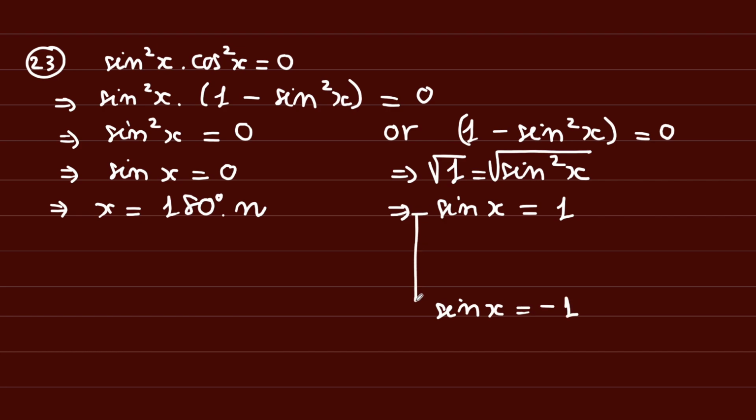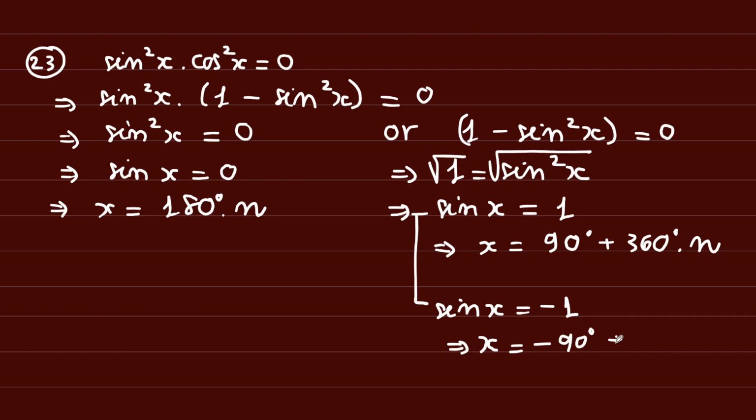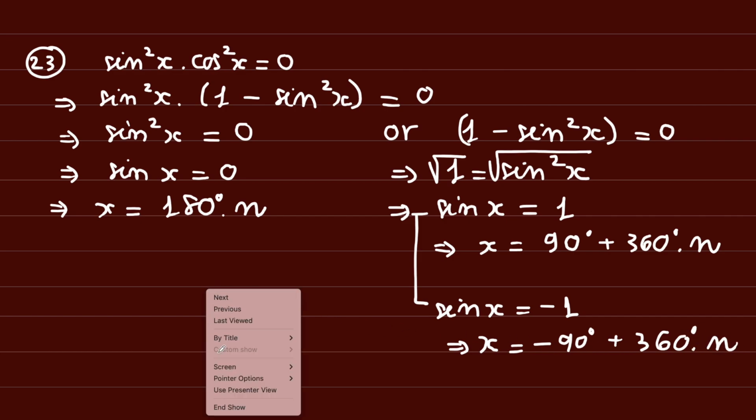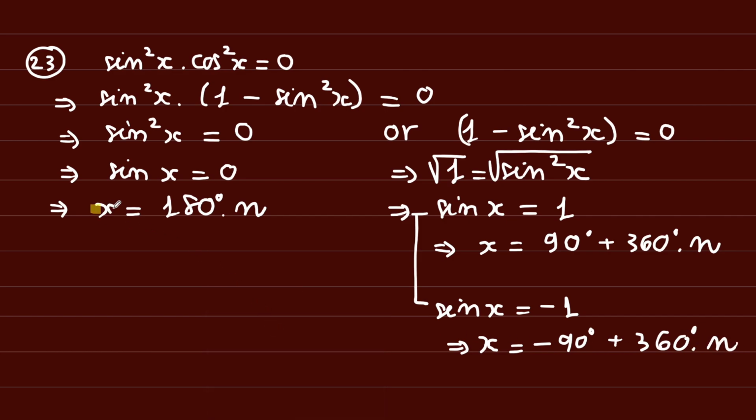The 1 and -1 here are also special values for the sine function. Sine equal to 1 means you got 90 degree plus 360 degree multiplied by n. And for this one you got minus 90 degree plus 360 degree multiplied by n. And after that, in conclusion, you got one general solution, two general solutions, and three general solutions. They are three general solutions for this question.